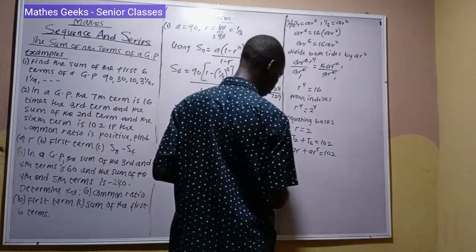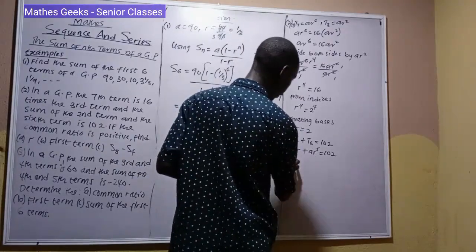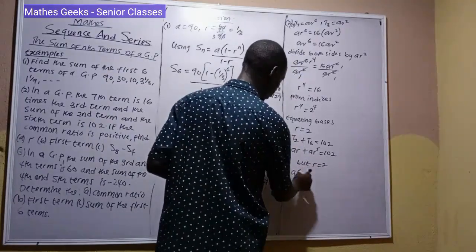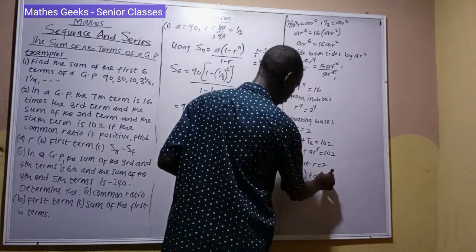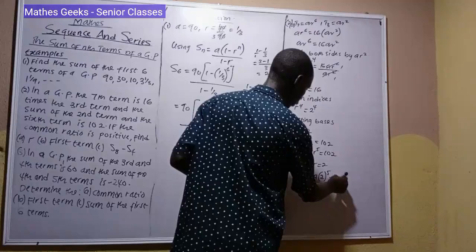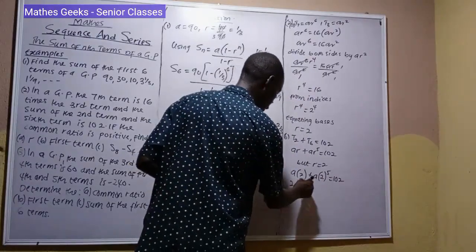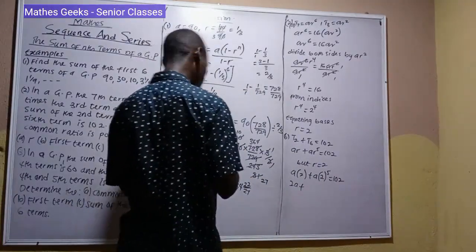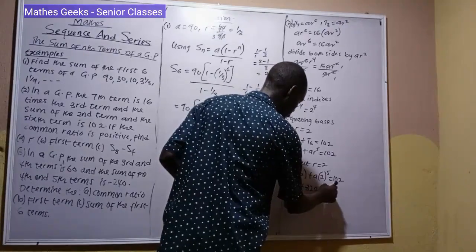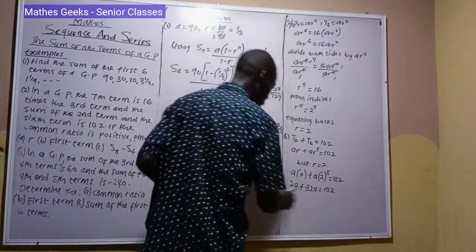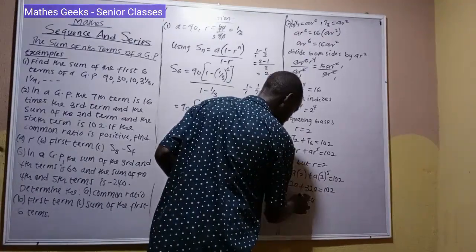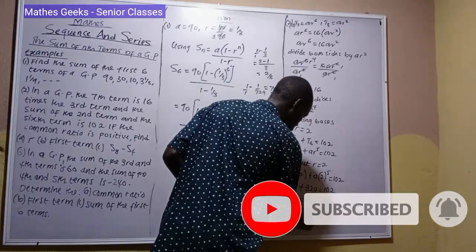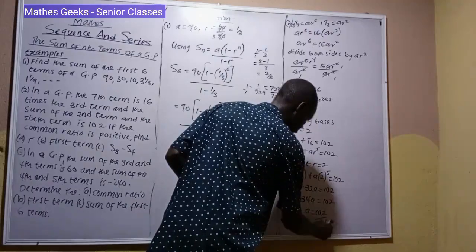Since r is equal to 2, 2a plus a times 2 raised to power 5, which is 32a, is equal to 102. 2a plus 32a gives us 34a, so a is equal to 102 divided by 34.